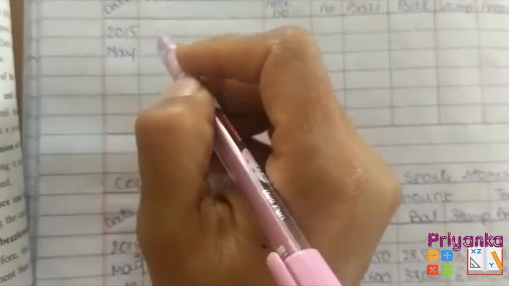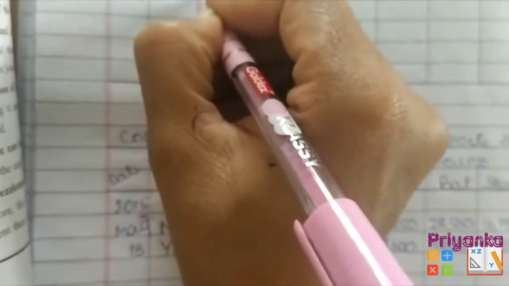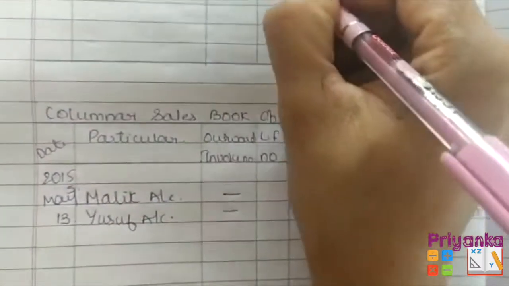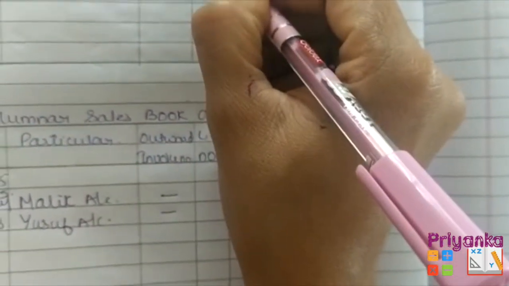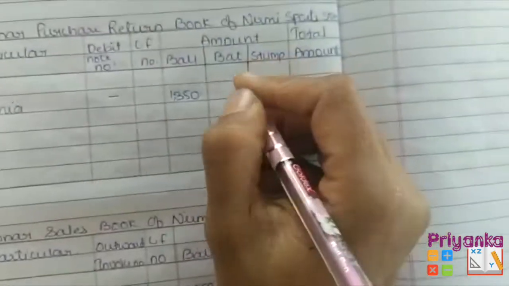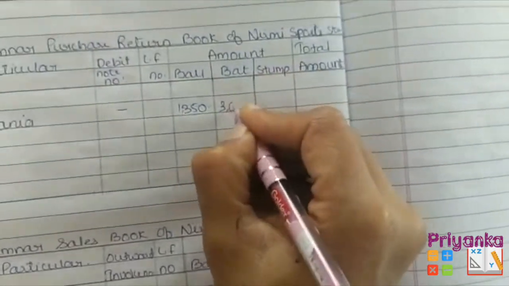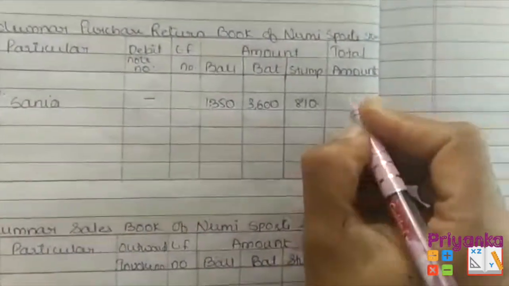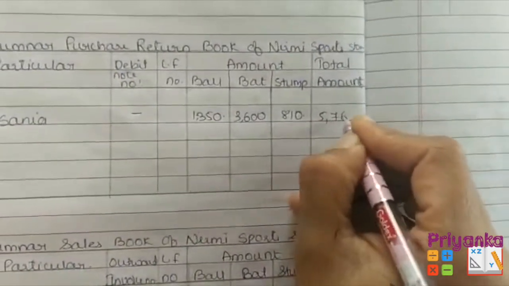So here it is the purchase return, the date it is 20, write down Sania, note number is not there, with the amount 3,600 and 810. Total is 5,760.